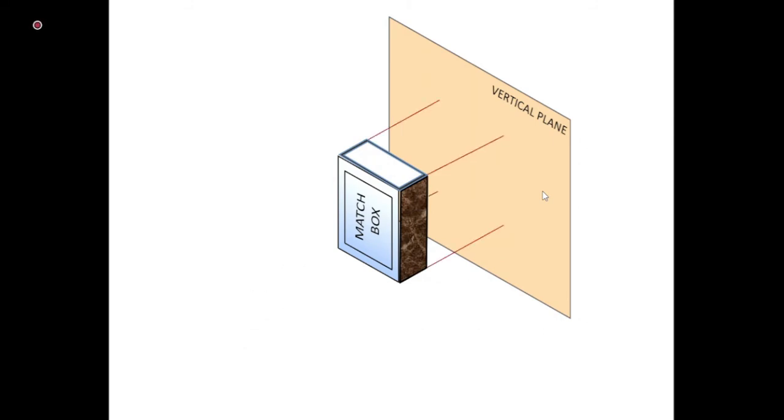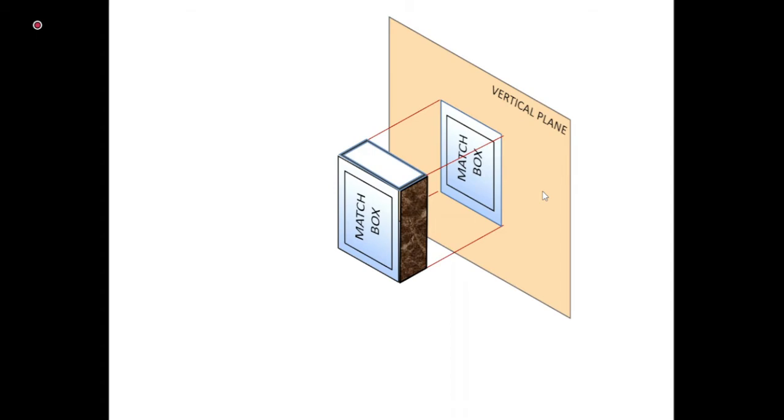See here, I'm using parallel lines which are orthogonal to the projection plane. That's why it is orthographic projection. And I'm going to draw a rectangle. So this is the front view of this matchbox, how the matchbox will look from the front. So I have drawn its projection on the vertical plane.